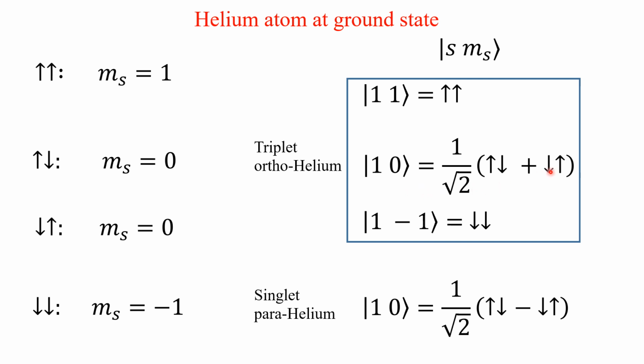If it is symmetric, you can add this spin: up down plus down up. The normalization constant is 1 over square root of 2. If both are down, here also S is 1, and ms is -1. So when both are down, you have this triplet state. This state is triplet because S is 1 and ms is -1, 0, 1.